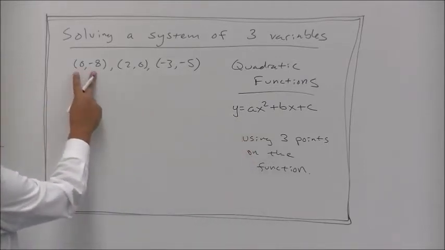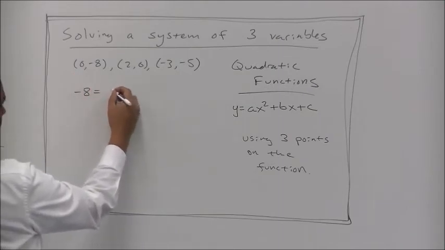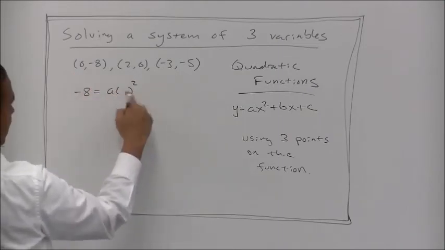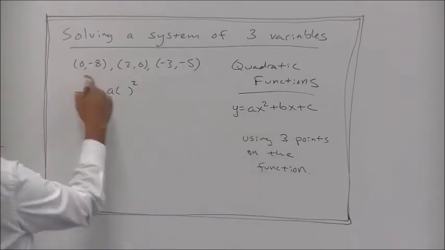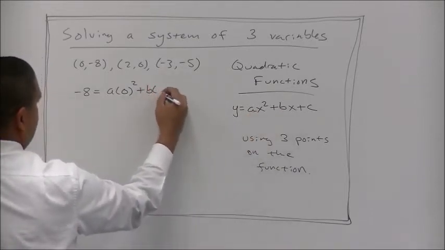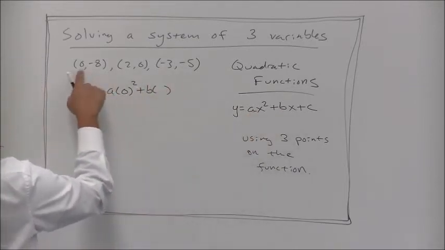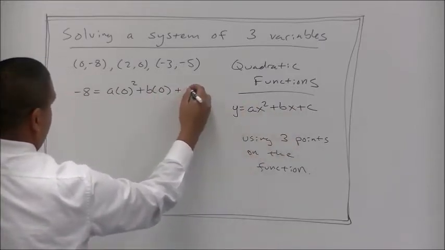Negative 8. So we have negative 8 equals a times x squared. What's x? 0. And then plus b times x. What's x? 0. And then plus c.